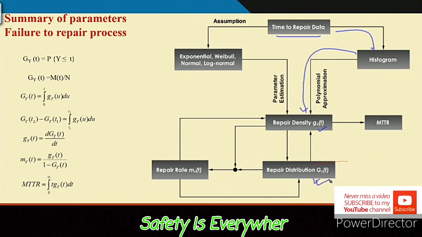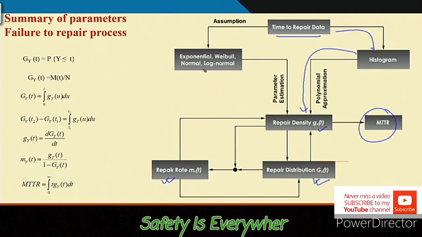You will be able to find the repair distribution, the repair rate, and the mean time to repair. And we have shown you, in reference to time to failure data, how the exponential and Weibull distributions are used. So, here also you have to find out the appropriate distribution.